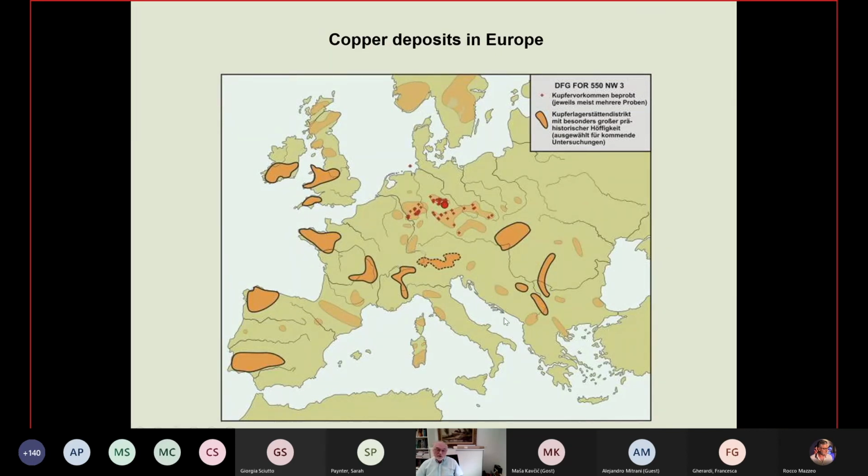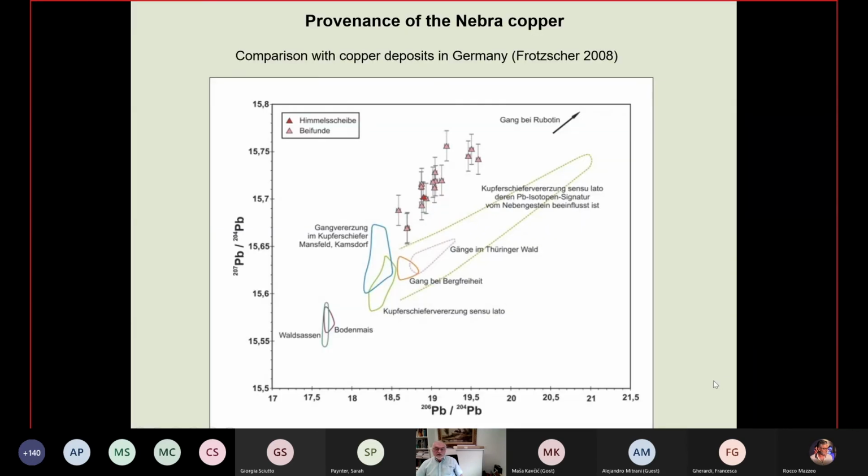And the archaeologists were always asking, why would they get copper from the Alps if they have more copper very close by? And the result of a PhD study of Manuela Frotscher showed that we can actually exclude most of the German copper deposits that are closer to the find spot of Nebra.